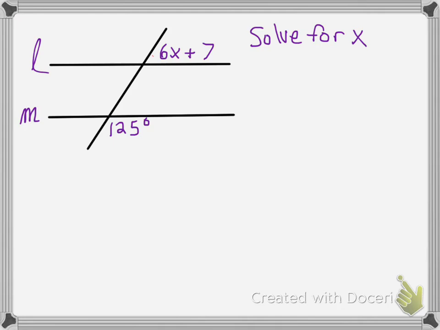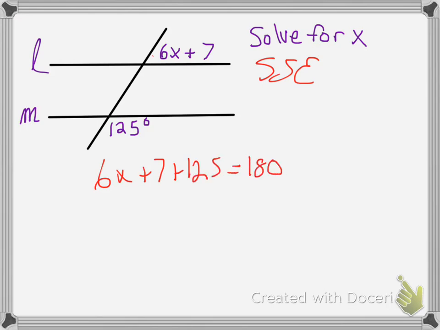These are same side exterior angles, and we know that same side exterior angles are supplementary. If we set them equal to each other, you're going to get it wrong. So you have to add the two angles up, 6x plus 7 plus 125, and set it equal to 180.